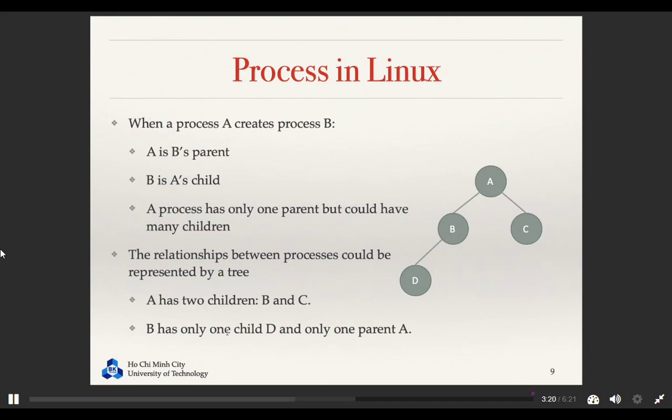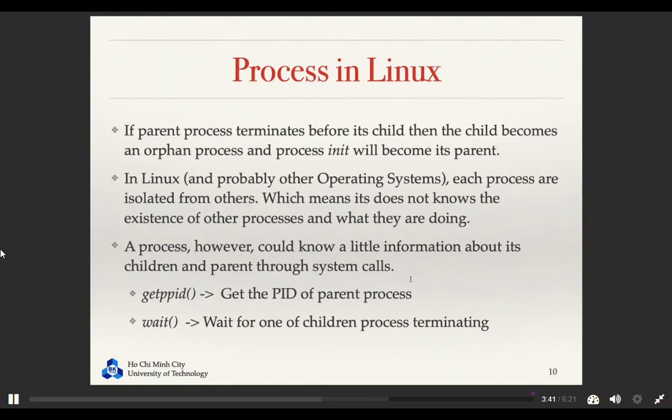So in Linux, the relationship between processes can be represented as a tree. So as you can see here, there is the process tree. You can see that A is the parent of B and C, then B is the parent of D. If the parent process terminates before its child, then the init process will be the new parent.